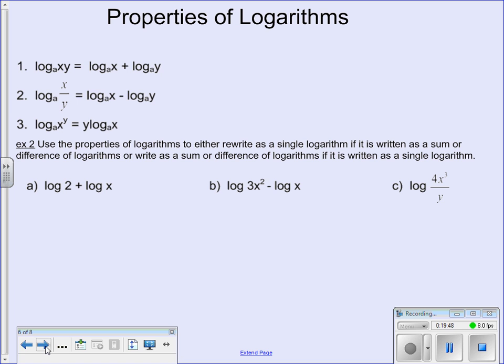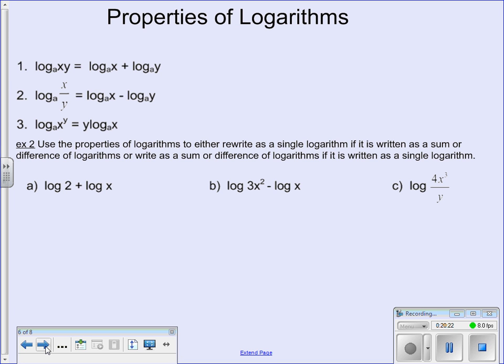Learn them, know them, live them. You need to have those rules down pat. When we start taking derivatives of logarithms, those rules will make your life extremely easy.